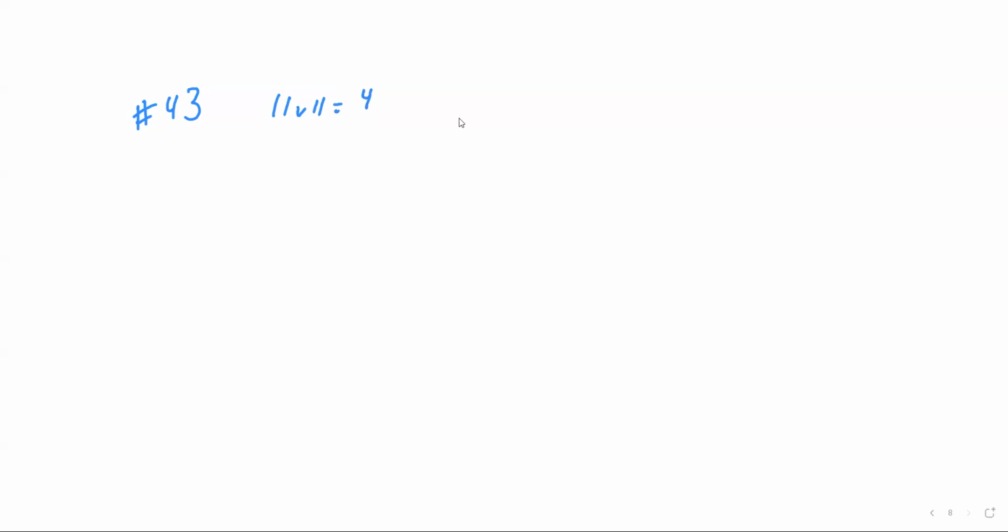And in this one, you're told that v is in the direction of 2i plus 3j. This is not your v. It just happens to be in the same direction as this vector.